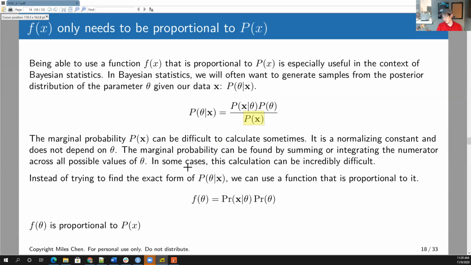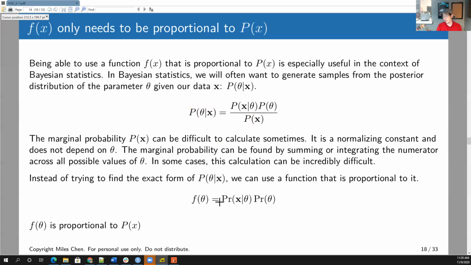And so, thankfully, we don't actually have to figure it out. Instead of trying to figure out the exact form of this, we can just use a function that's proportional to it. If I just say f of theta is equal to the numerator, we know that f of theta is going to be proportional to the posterior distribution.